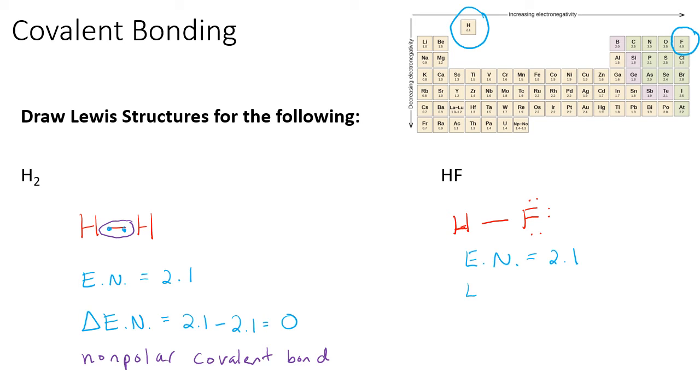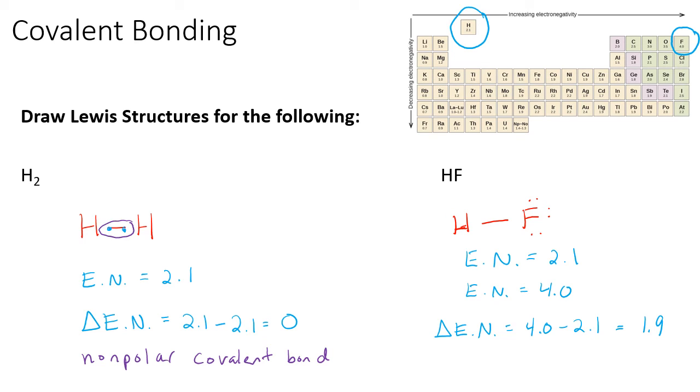So our electronegativity for fluorine is 4.0. If we take the difference between those two and calculate our delta EN, we would have our greater one, 4.0, minus our lesser one, 2.1, which gives us a delta EN of 1.9.